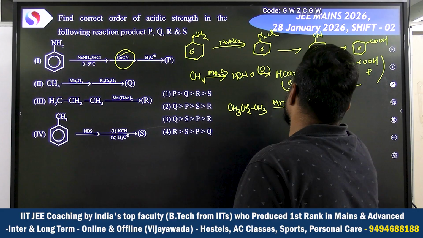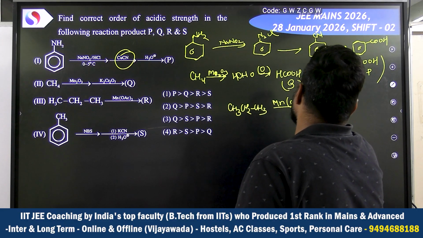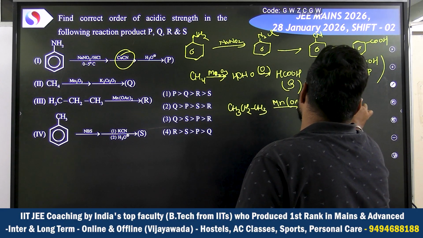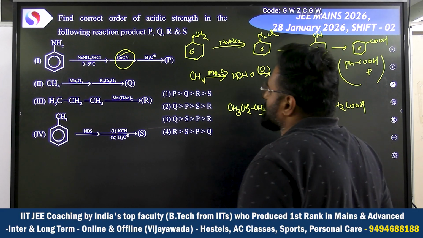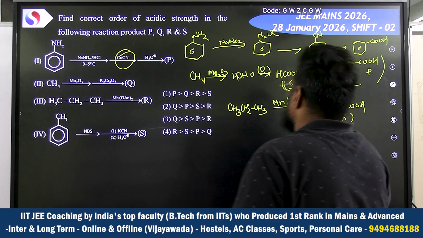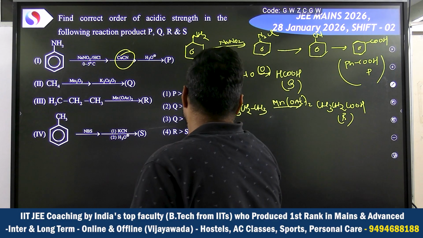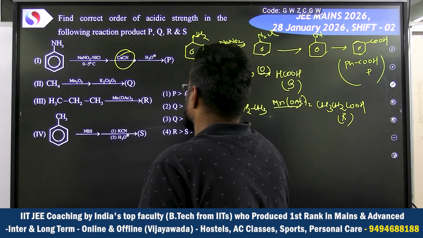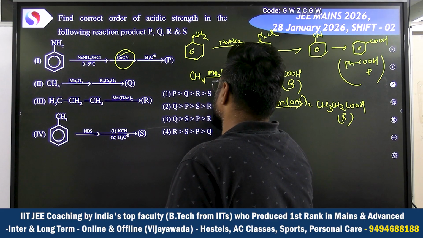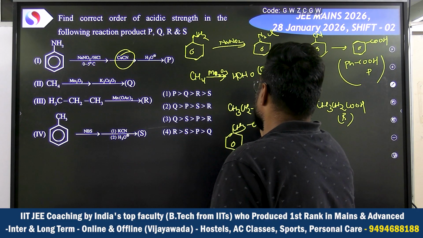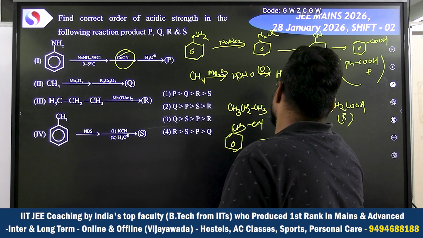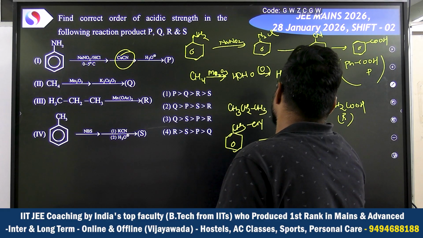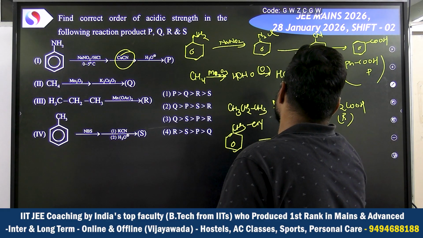So this will directly form the compound CH3CH2COOH, strong oxidation, R. And the last, CH3 with NBS and KCN, so it produces cyanide. Cyanide on hydrolysis gives CH3COOH.